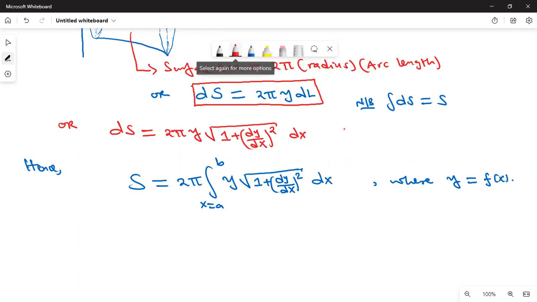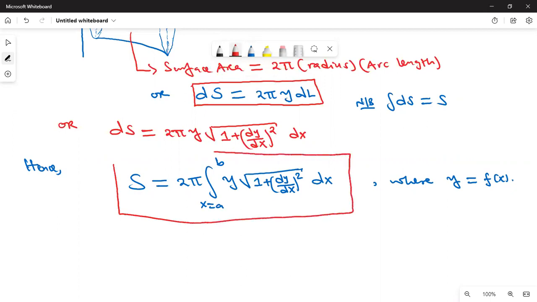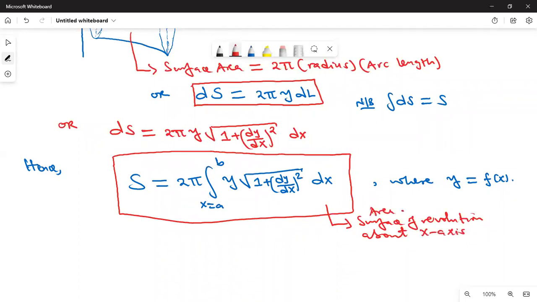So this is how to find the surface area of a solid of revolution about the x-axis. This is the area of surface of revolution about the x-axis.